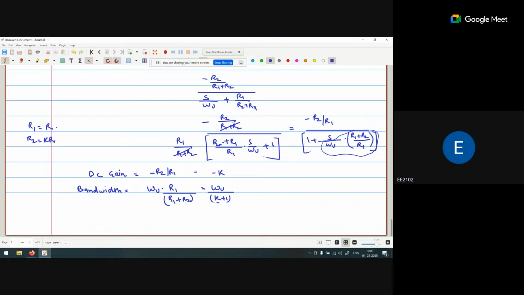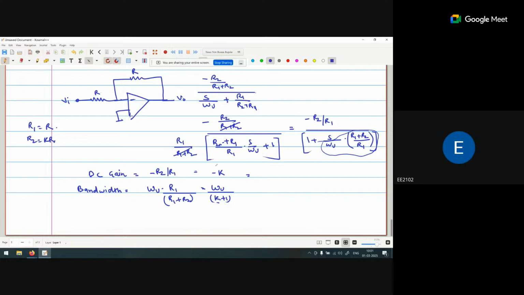Any doubt? Now with respect to this, if I use the simplified circuit, this is my negative terminal, this is the positive terminal, this value is R, this value is R, and this is Vi, with output V naught. So what is my DC gain?